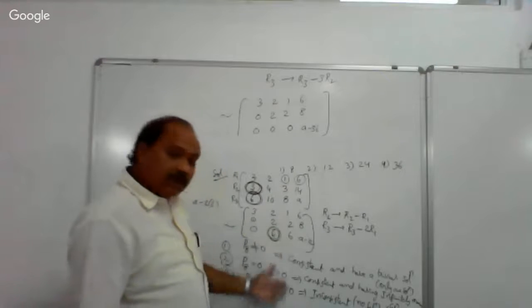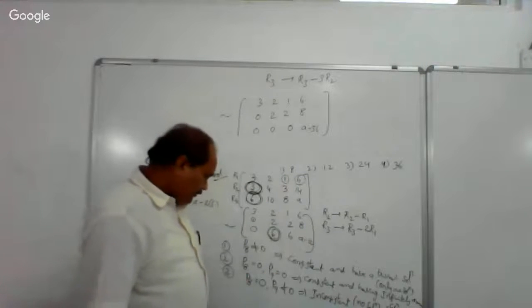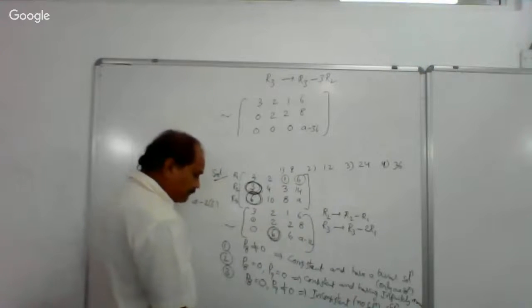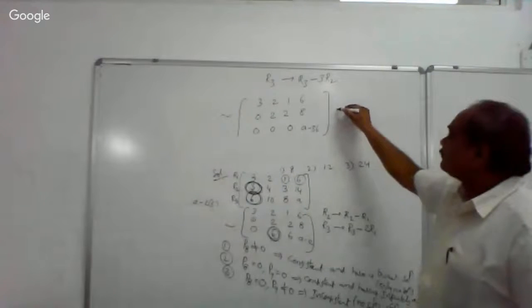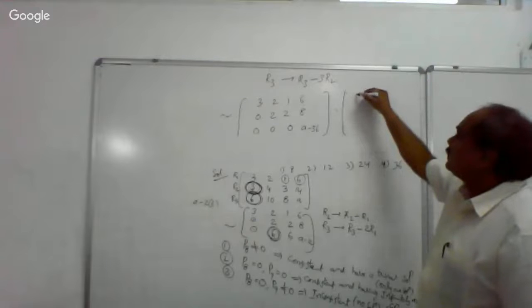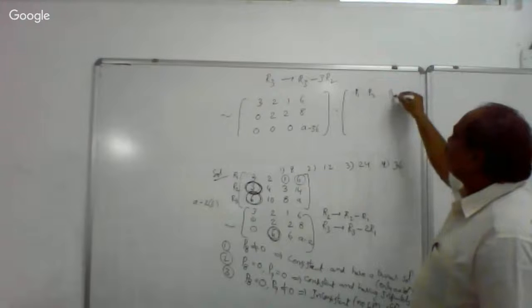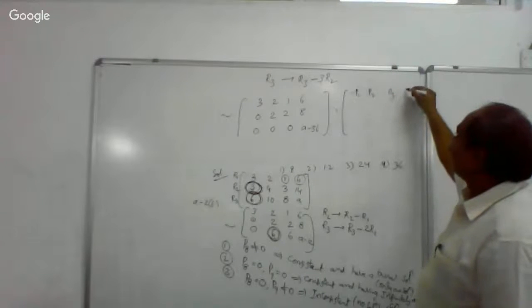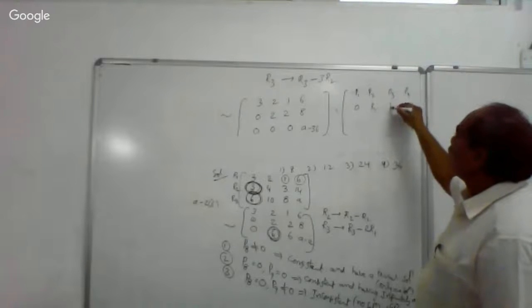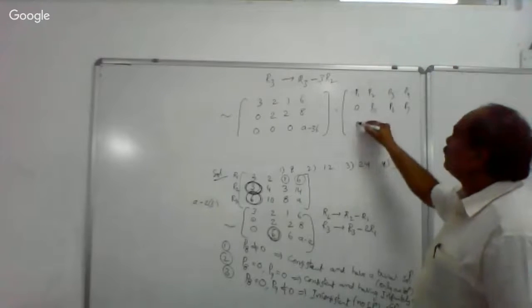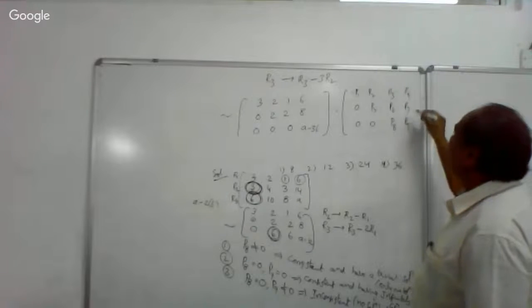Now, observe the rules. Compare with the echelon form: P1, P2, P3; 0, P5, P6, P7; 0, 0, P8, P9.